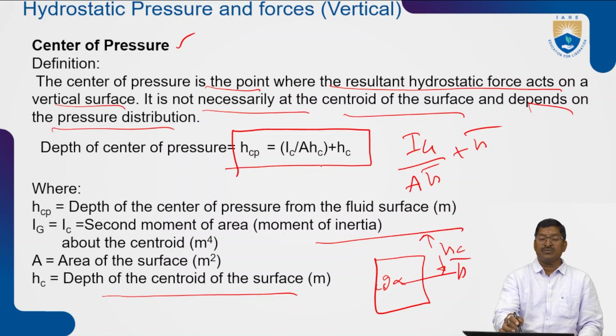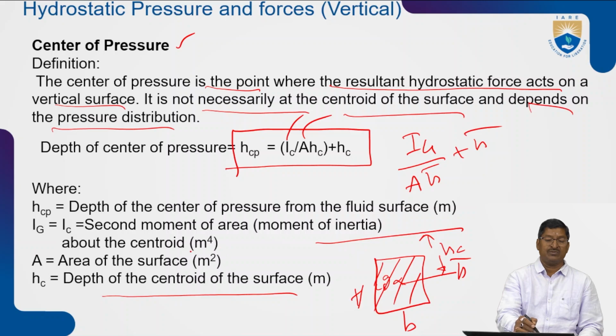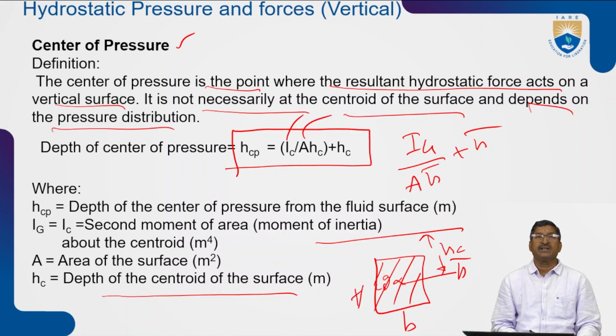Okay. So the area, that means width into height, is called the area of that surface. I is equal to the moment of inertia, or second moment of area. So b d cube by 12, like that you will get the formula. IG, you can mention it as IG or IC. It is nothing but the moment of inertia about the centroid.